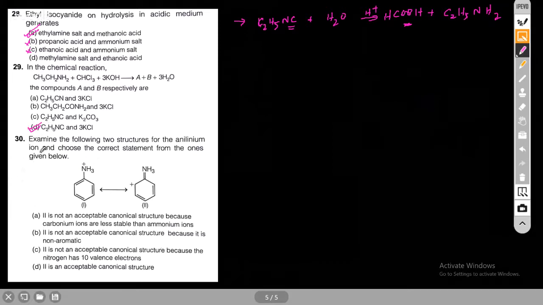I'm not doing this one. Question number 30. Question number 30 is based on resonance. Aditya is getting D. Mathili is also getting D.